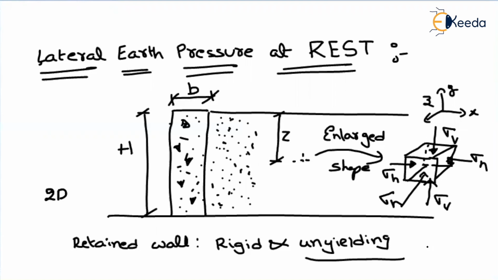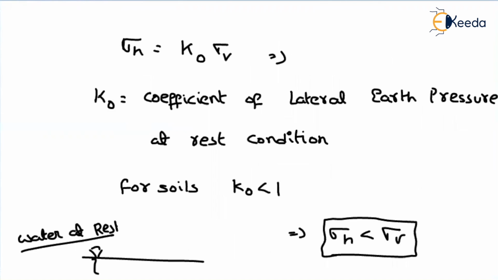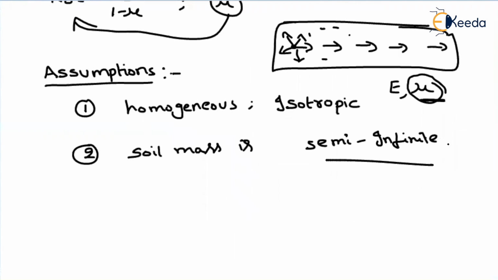But in reality, that is not possible. But the length of this retaining structure is sufficient enough that those properties will not affect the cross section of the retaining structure. That's why we'll assume it as semi-infinite. So if these two are valid, then only the equations are valid. And one more point is that while deriving this equation, all those equations are only applicable if elastic theory is applied.